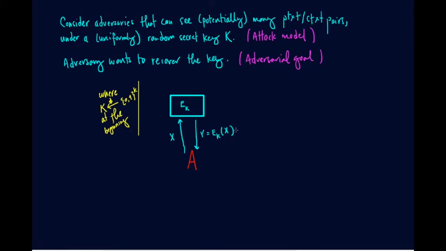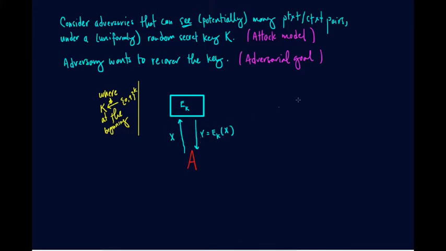Well, okay, this picture is doing something slightly more than what we said up here. We said we consider adversaries that can see potentially many plaintext-ciphertext pairs. This is actually giving the attacker more power. This is saying the adversary gets to choose the plaintext and see the resulting ciphertext.